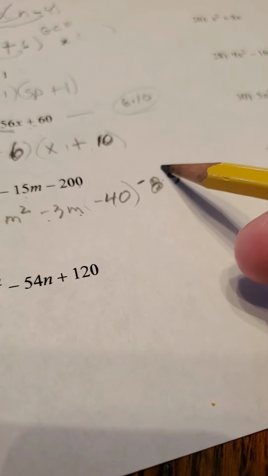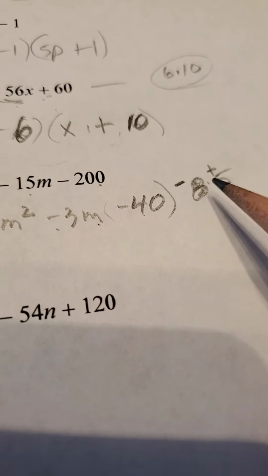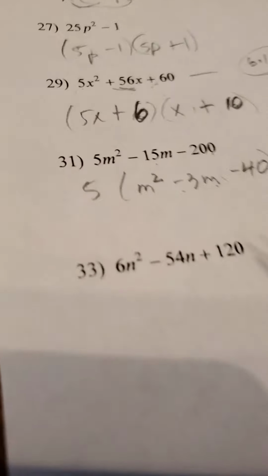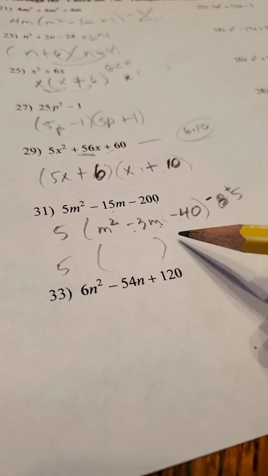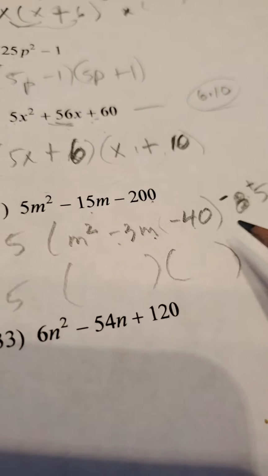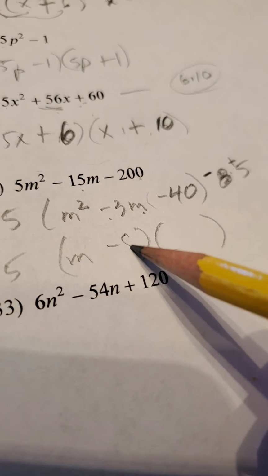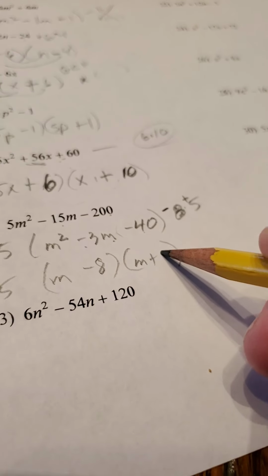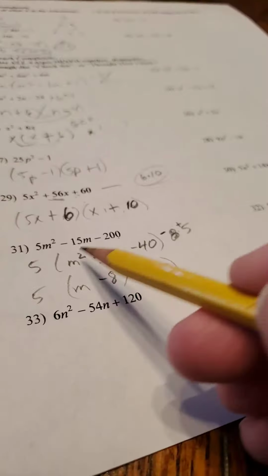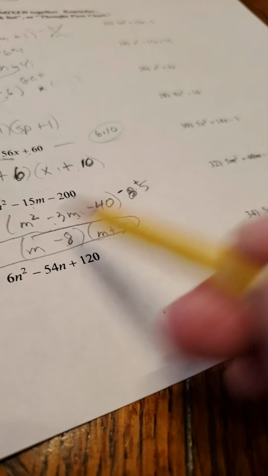If I make the 8 negative and the 5 positive, that would give me negative 40 and negative 3, so this factors twice. I look at the parenthesis, and I apply the math game trinomial type to it, and I do m minus 8, m plus 5. Okay? And then neither one of those factor again because it's not a perfect square.